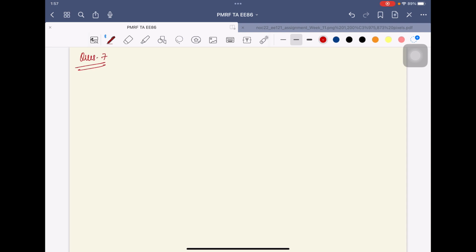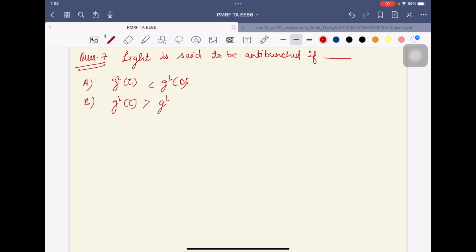So question number 7: this light is said to be anti-bunched if option A is g2(tau) less than g2(0), B is g2(tau) greater than g2(0), C g2(tau) equal to g2(0), and D is g2(tau) equal to 1, and E is g2(tau) equal to 0.